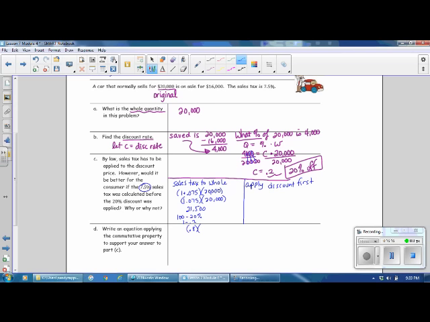And the whole amount now is the new amount, 21,500. So now we apply 0.8 times 21.5, and that gives us $17,200. And that is the final price, including the discount and tax.